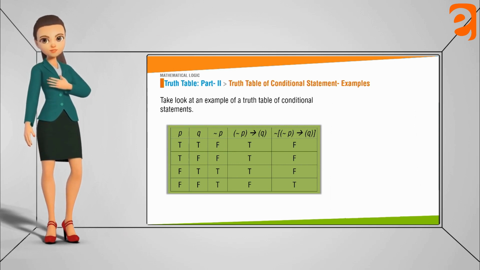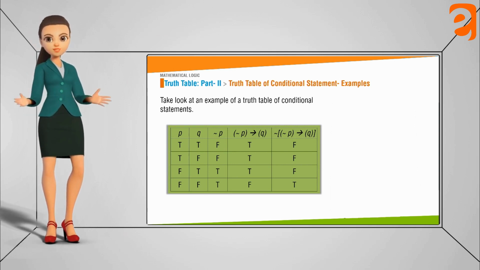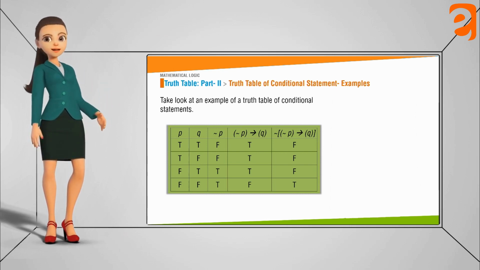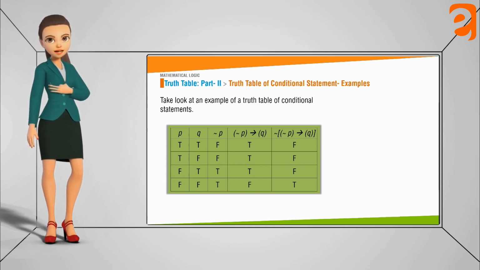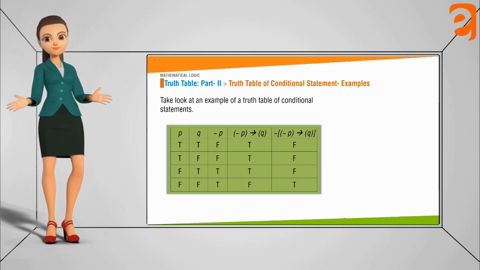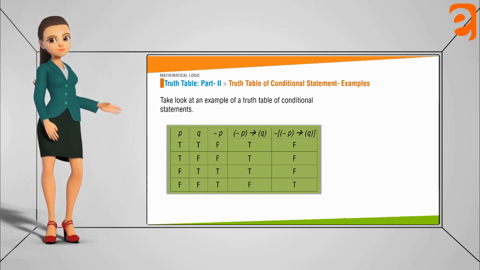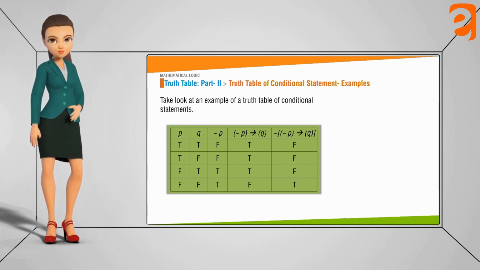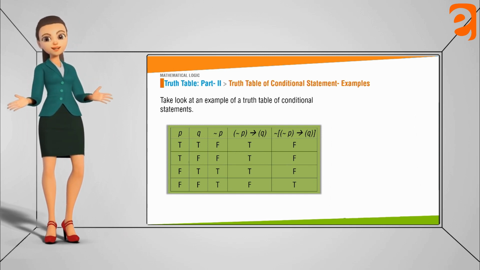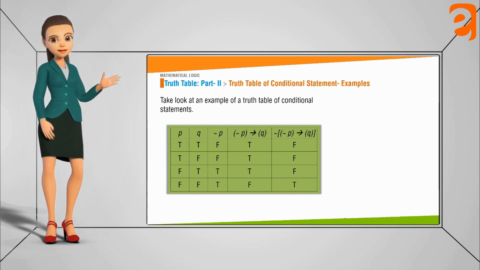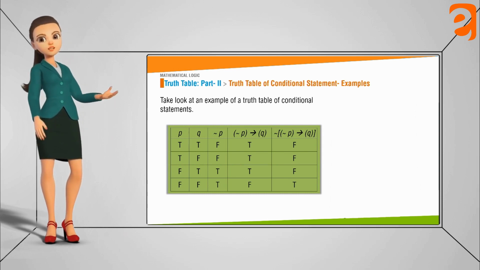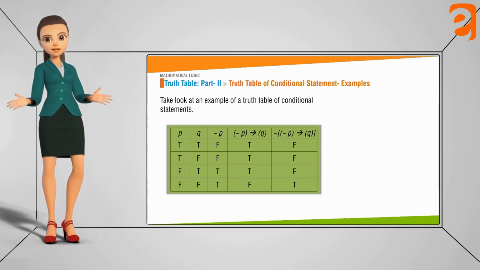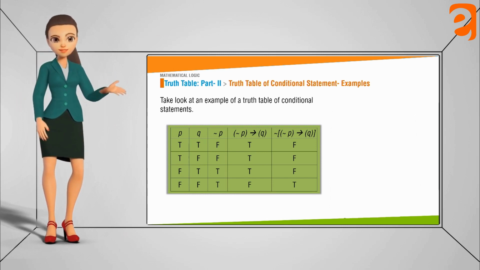It says that it has the truth value F only when the first statement is true and the second statement is false. And in the rest of all cases, it is going to be true. So you can see in this diagram that in the last row, only the first one is true and the second one is false, so the result is going to be false. And in the rest of the cases, it is T. So minus P implies Q is T, T, T and F. And what would be the negation of this whole column? It is going to be F, F, F, T.